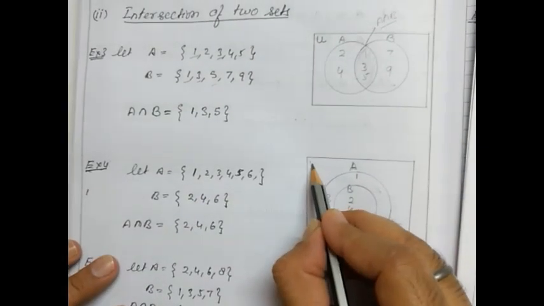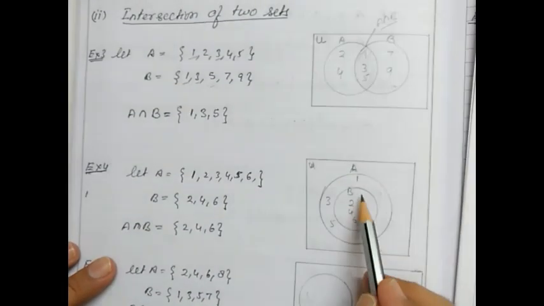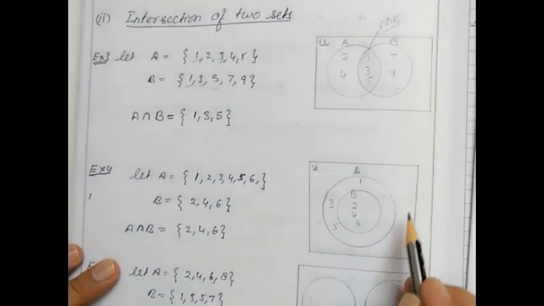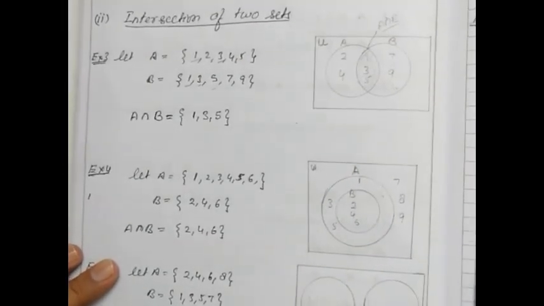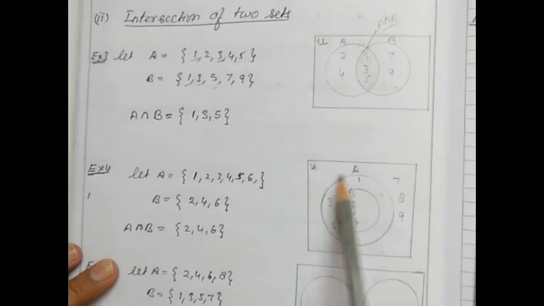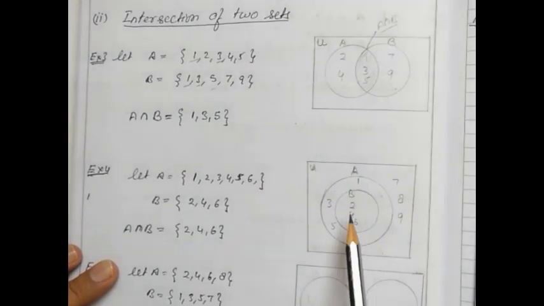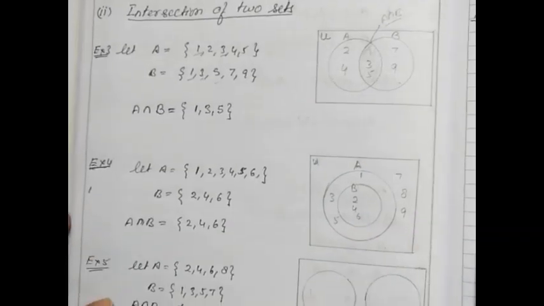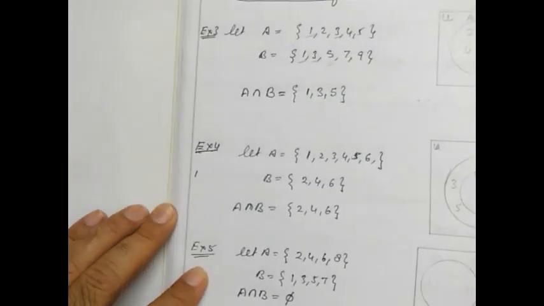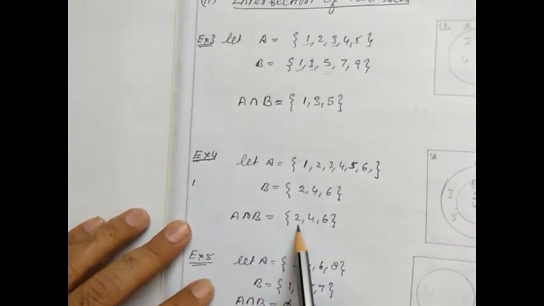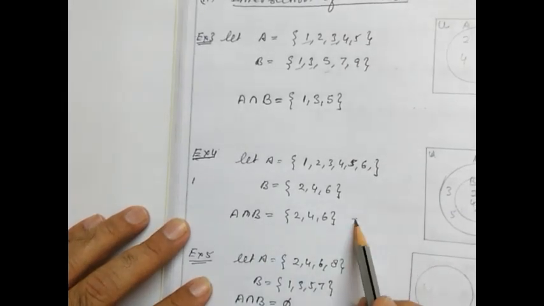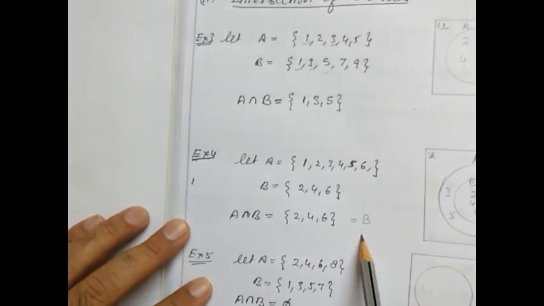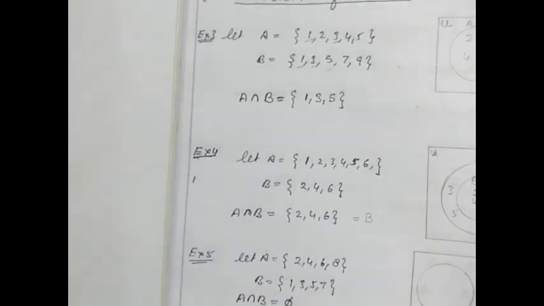And for the universal set, the remaining 7, 8, 9 I can take outside, isn't it? The universal set is 1 to 9, and 2, 4, 6 are the B. So here A intersection B will be 2, 4, 6, and you see that A intersection B will be equal to set B. Are you getting it? It is itself becoming B. I hope this is clear.